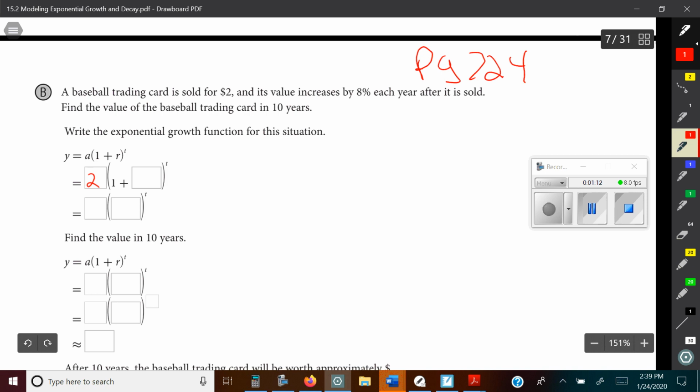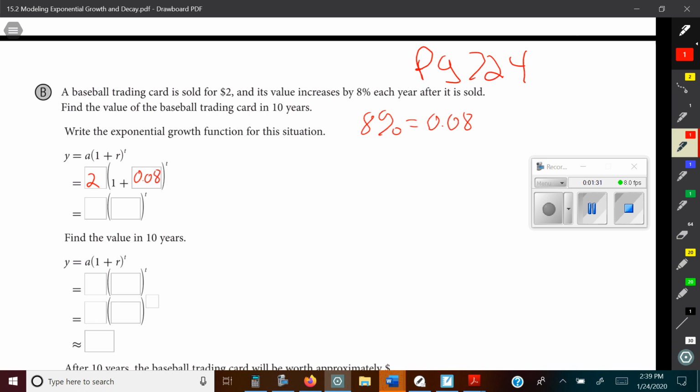We take our percent, 8%, and convert it to a decimal by moving it two places to the left, so that's 0.08. Now I can add 1 plus 0.08, and in the previous video I told you that you could just type it into the calculator, but we're just going to add it right now, and we get 1.08.